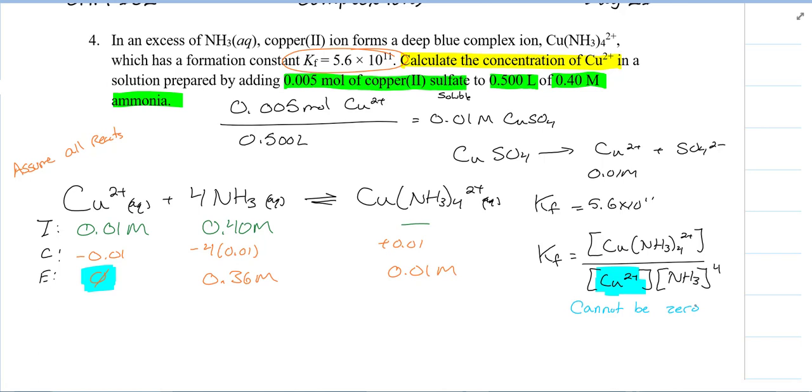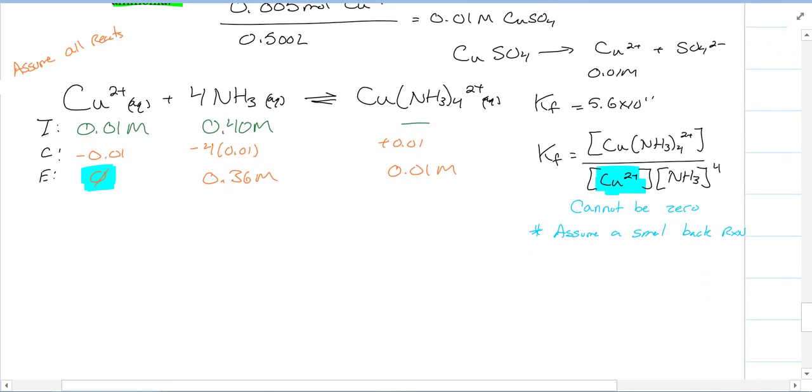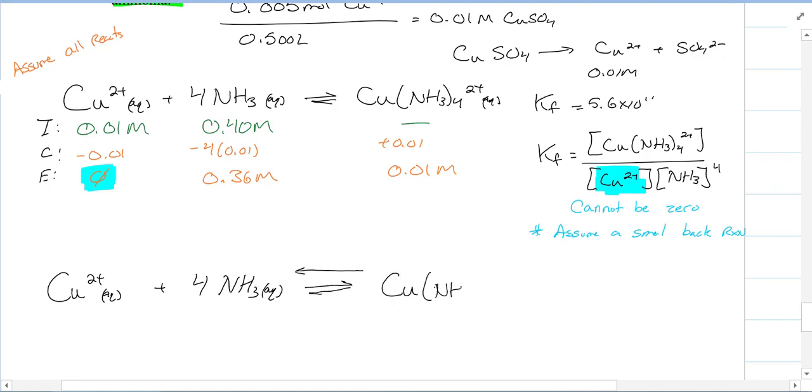So what do we do? Here, what we're going to do is assume a small back reaction. So we get Cu2+ plus 4 NH3, we're assuming it's going this way, to Cu(NH3)4 2+.